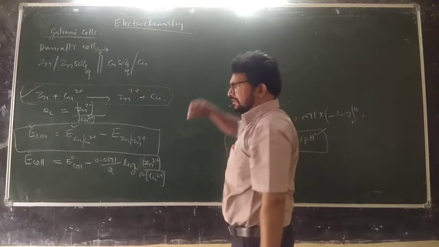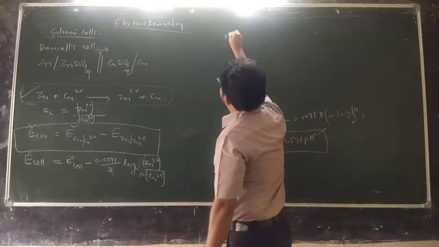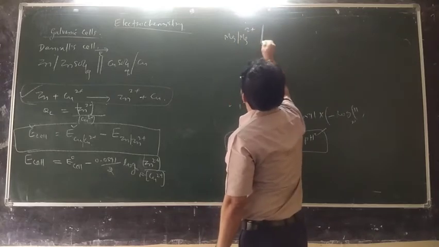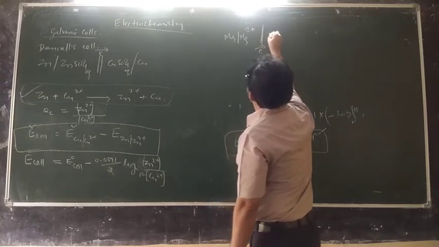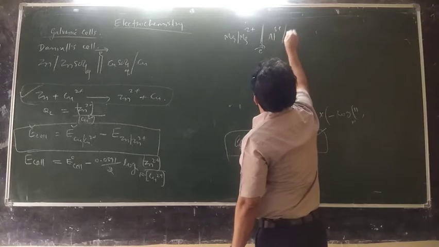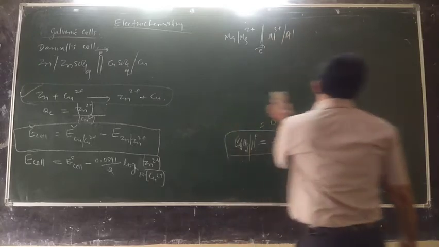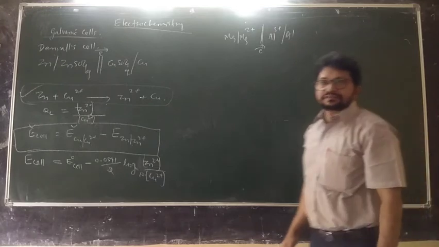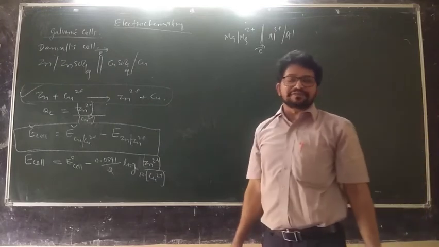Think like this: magnesium is coupled with aluminum, Al3+. Can you write the Nernst equation to calculate the EMF of the cell?